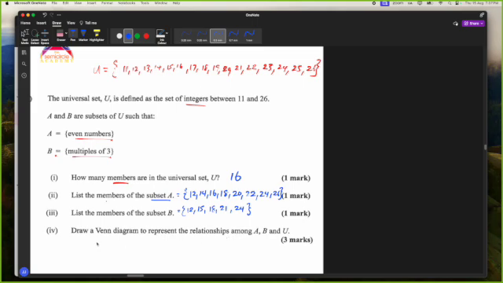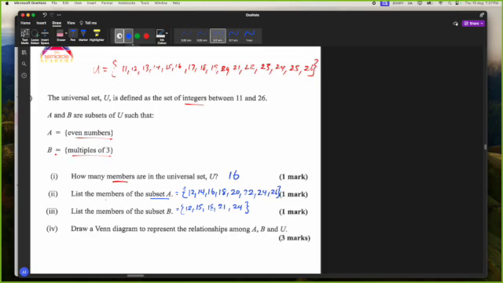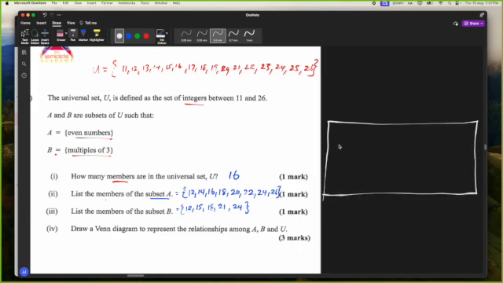Draw a Venn diagram to represent the relationships between all of them. So for the Venn diagram, you'll have your universal set, U. We have the set A and the set B, and do the set A and B intersect?